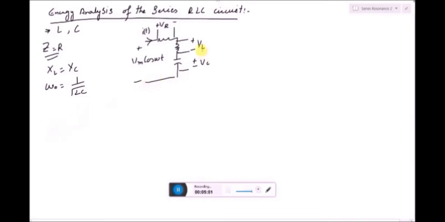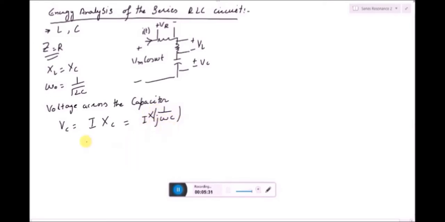Now if I have to find the voltage across the capacitor, VC is the current through the capacitor times XC, where XC is the capacitive reactance, 1 over j omega C. And what is the current at resonance?